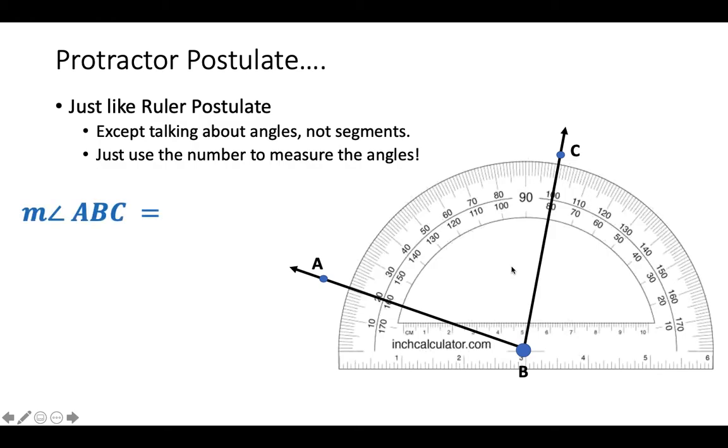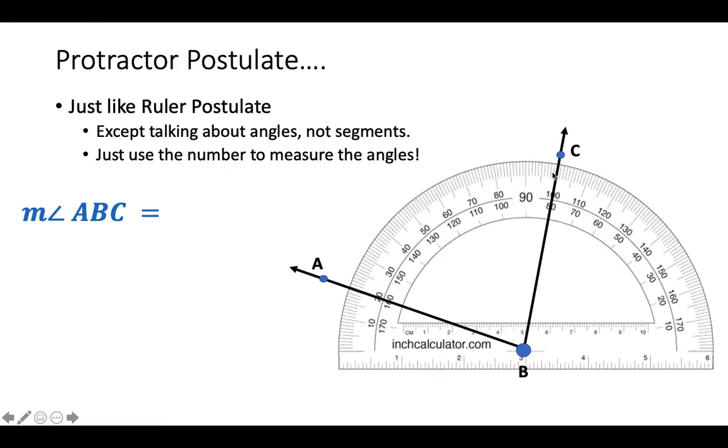Let's talk about it. The measure of ABC, how big is it from 0 to C? Well, it's obtuse, so it's bigger than 90. It's 140, or sorry, it's 100 degrees, right? We're using the number on the top, not the number on the bottom, because it's bigger than 90 degrees.